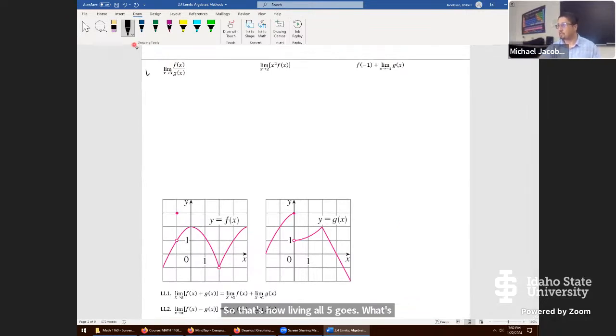Let's state it here. This one's limit law 5, and on paper, will become a pretty big fraction to start. Limit as x tends towards 3 for f of x in the numerator. Then limit as x tends towards 3 for g of x in the denominator.